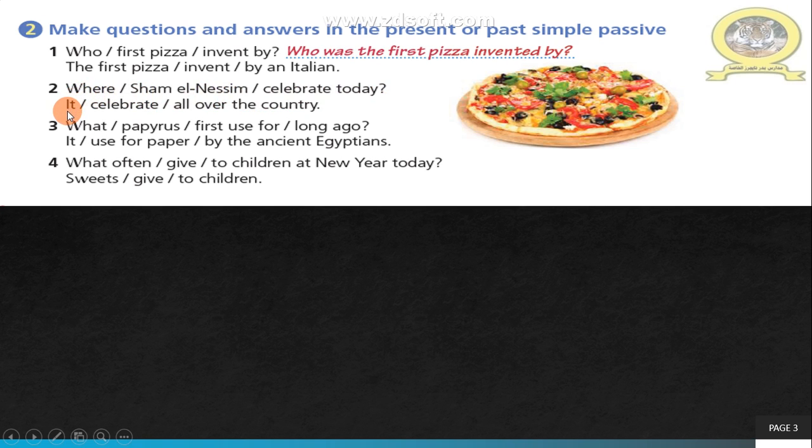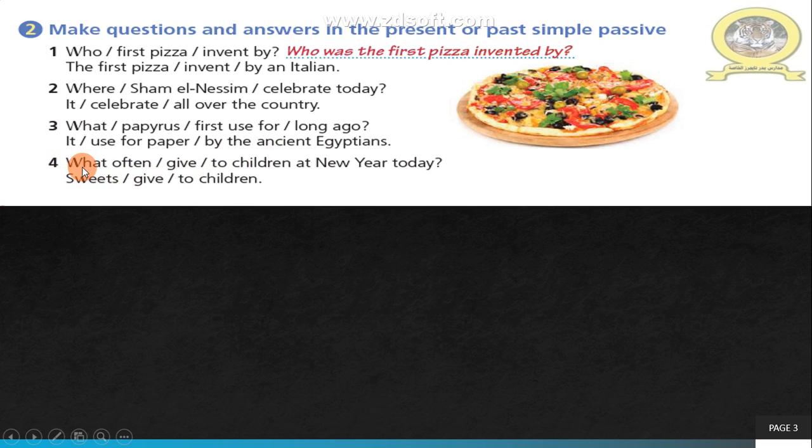"It celebrate all over the country." Number 3, "What papyrus first used for long ago?" The answer, "It used for paper by the ancient Egyptians."